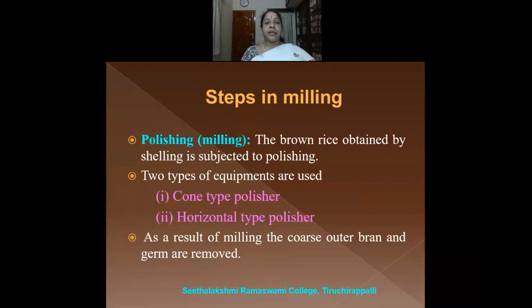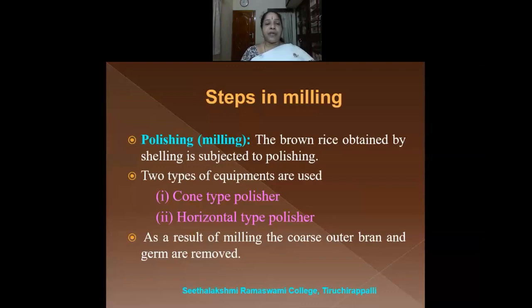But we should understand the nutritive value of brown rice is better than the white rice. Brown rice has more nutrients when compared with the white rice. However, all of us are accustomed to eat only the white rice, and therefore the brown rice that is obtained after the shelling or dehusking is now polished.